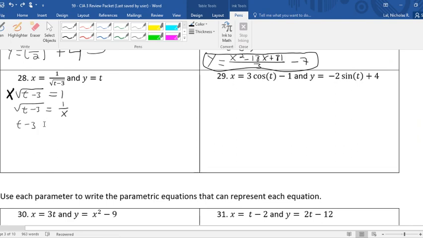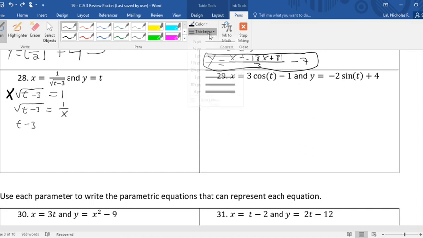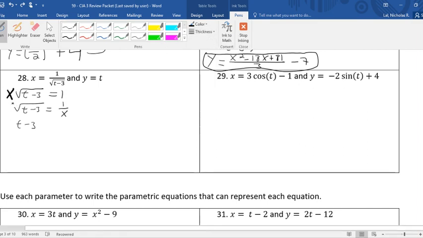If we square both sides, t minus 3 will be equal to 1 over x squared. 1 squared is 1, x squared is x squared. Add 3 to each side, and t is equal to 1 over x squared plus 3.